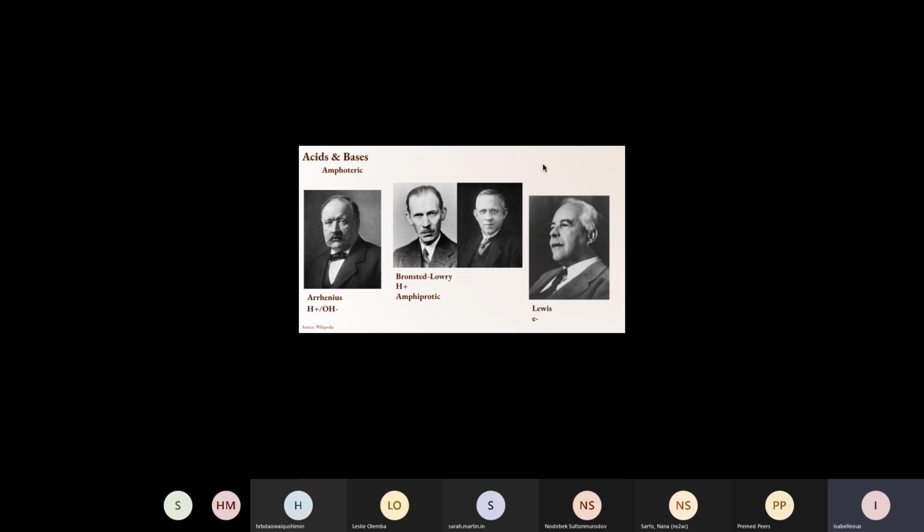this is how I relate them to one another. Arrhenius came first, and then we have Bronsted-Lowry talking about the proton acceptor and proton donor, and the Lewis talks about the electron donor and acceptor.